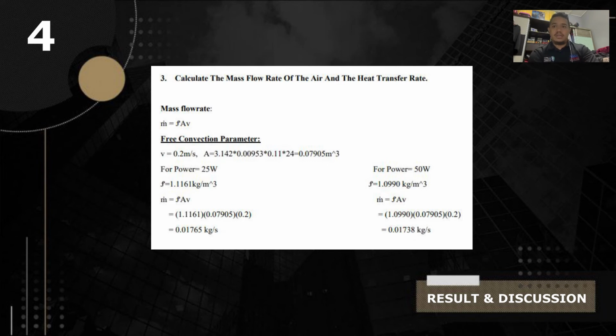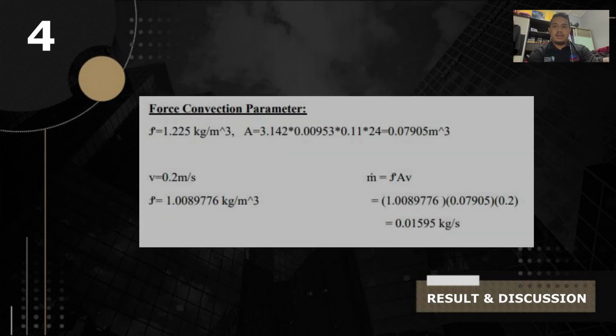The rho we use is 1.1161 kilogram per meter cubed, and we got the mass flow rate 0.01765 kilogram per second.